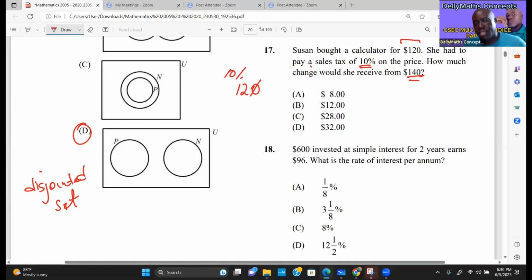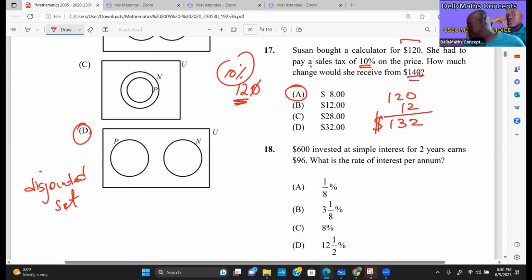So 10% is $12. Then the 120 plus the 12 makes the thing cost $132. So if I give them $140, I'm supposed to get back $8 change. Remember, the question is asking about change, so you have to relax, flow with the question. How much change are you going to get back from $140?